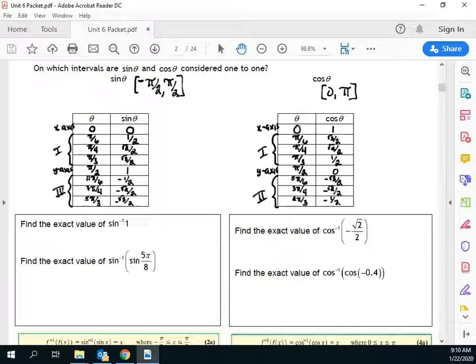Now it wants to know what's the inverse sine of 1. Sine of pi over 2 equals 1. With that being known, what is the inverse of 1? Which means the sine of what angle is going to give me the answer 1?